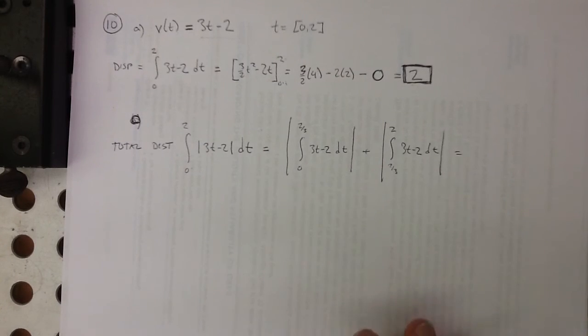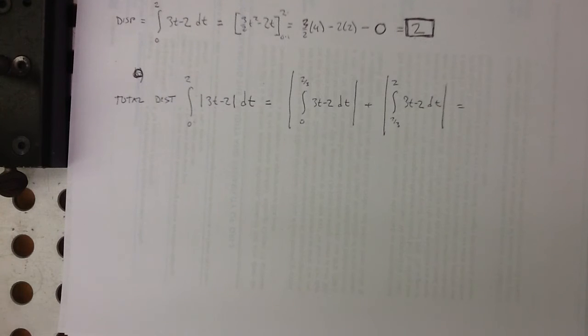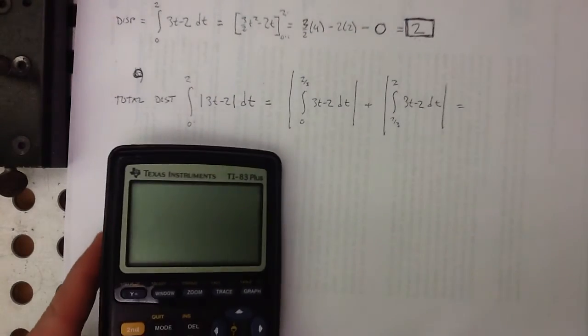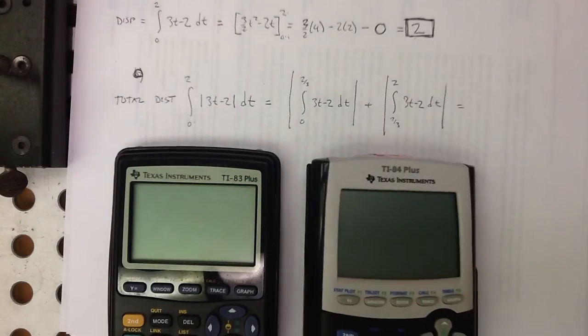So I'm going to show you now how to do it with your calculator. I'm going to do it with both types side by side so you can see what it looks like with the old calculator and with the new calculator.